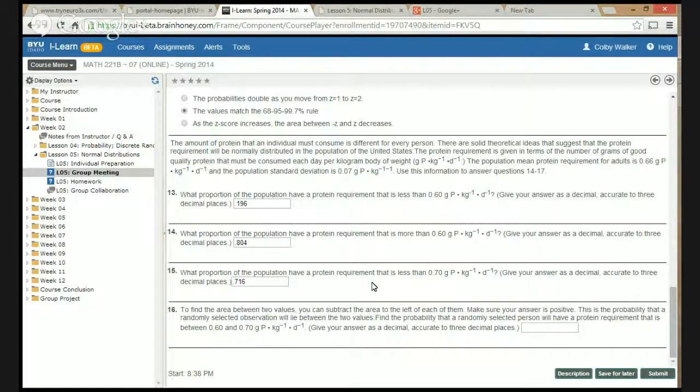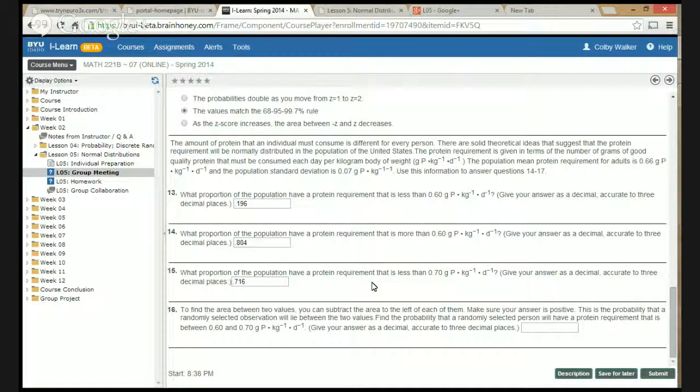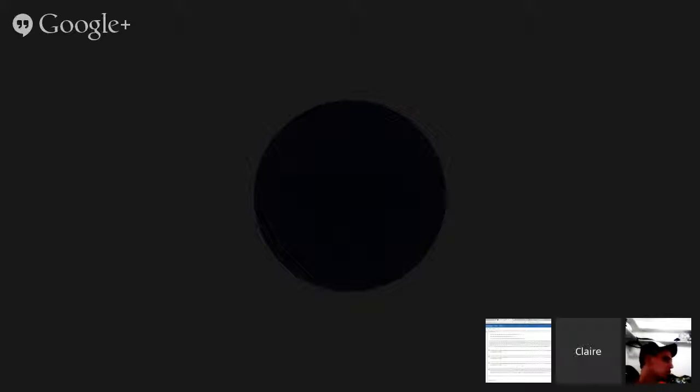I got 0.196. And then your answer for 14 is 0.804. Oh, I switched them. Okay, so 13 is 0.196 and 14 is 0.804. Okay, we're on the same page again.